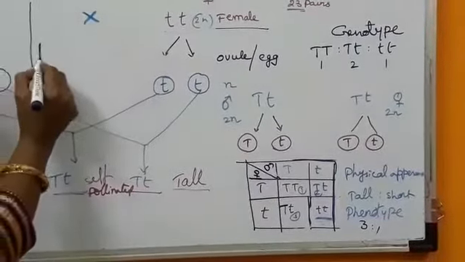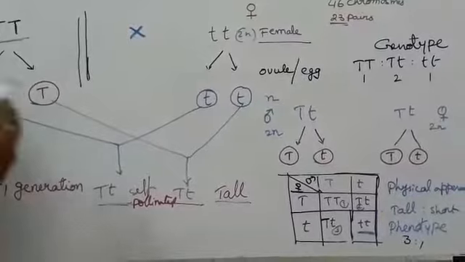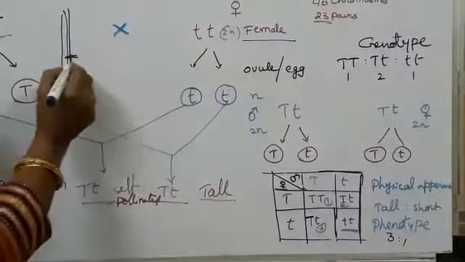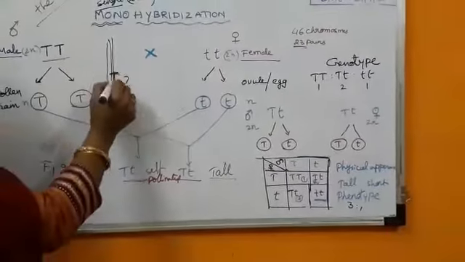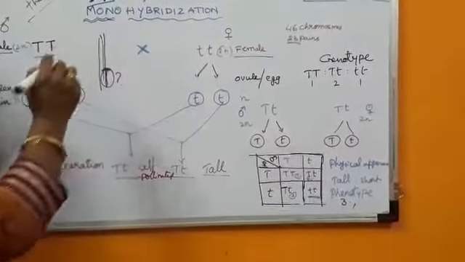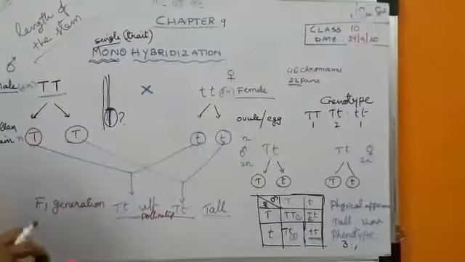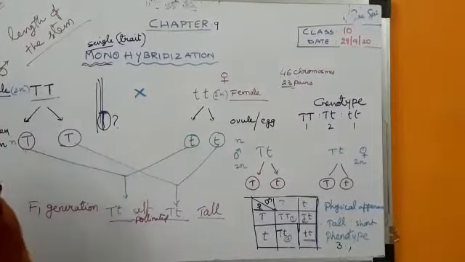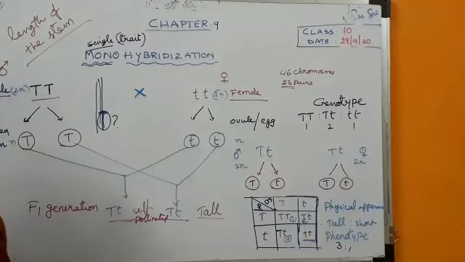So tall gene is there means it will become tall. Where will shortness be seen? It will not be seen. So that's why the shortness will be recessive and tallness will be dominating. So this is what we call the law of dominance, right? This is the second law of Mendel's law. Okay, understood? Thank you.